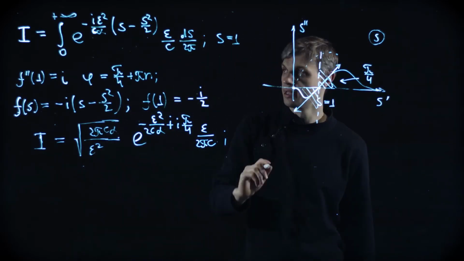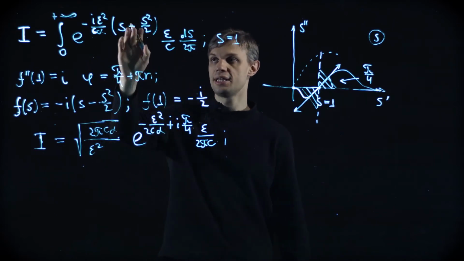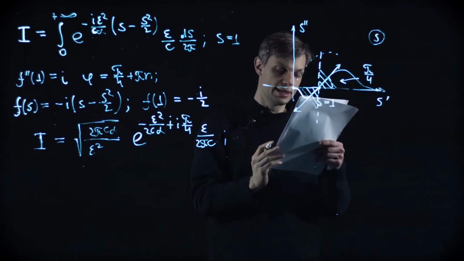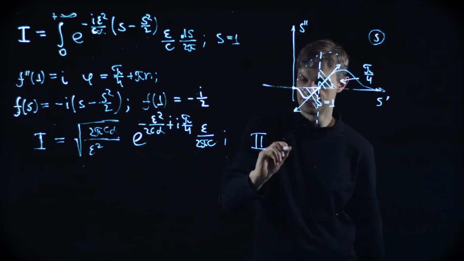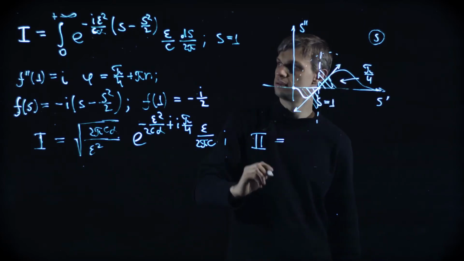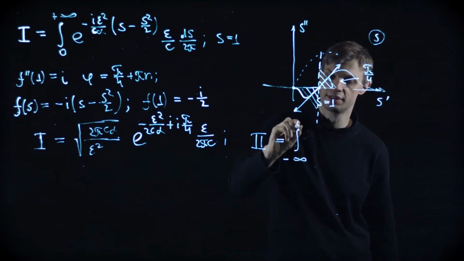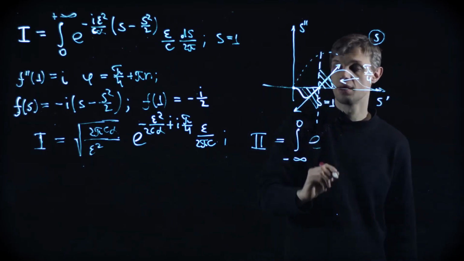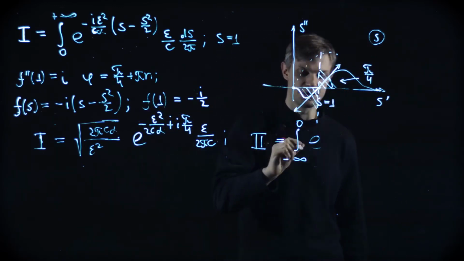Now the second integral. The only difference between the first one and the second is the sign change here, as you remember. Right, so let's write it down. So our second integral is equal to the integral from minus infinity to 0, epsilon to, we may introduce the same kind of rescaling of our integration variable.